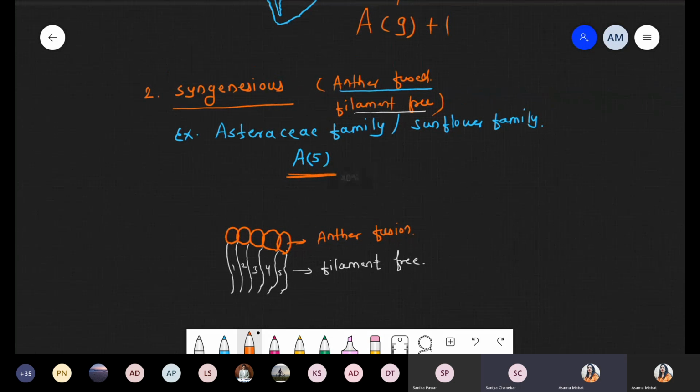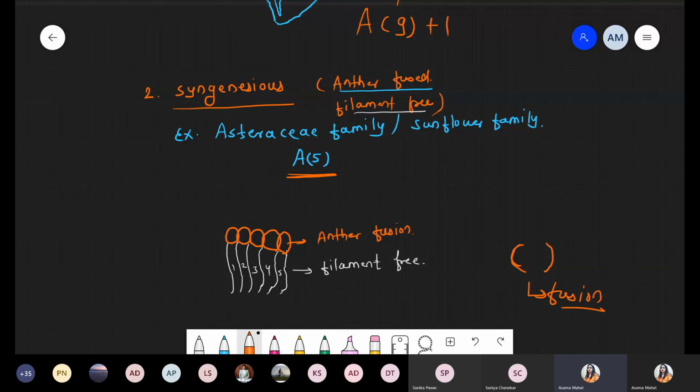I'm talking about whenever we are using the bracket. You already know that numbers like 1, 2, 3, 4, 5, whatever the number is, represent the number of stamens, number of sepals, number of petals, right? But now in this condition, we are talking about the types of anther. It depends upon the fusion, where exactly it is fused. So remember, if a bracket is present, it shows fusion.